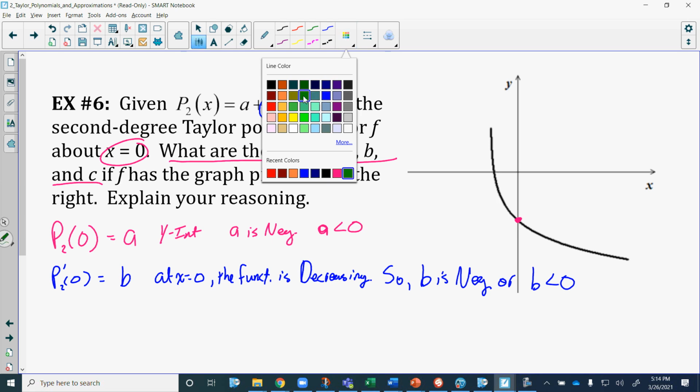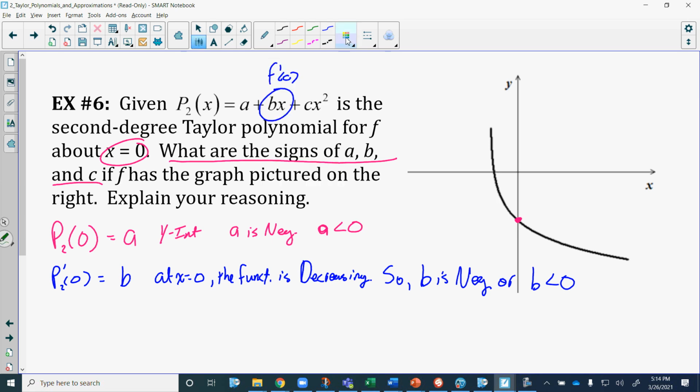Okay, so now let's take a look at c. So remember, c, this is where we're getting into our second derivative. This is f double prime of c. So I'm going to evaluate it. What is p double prime of 0?